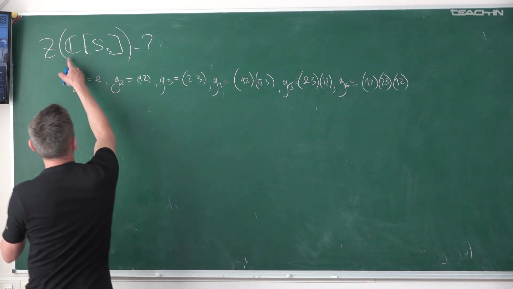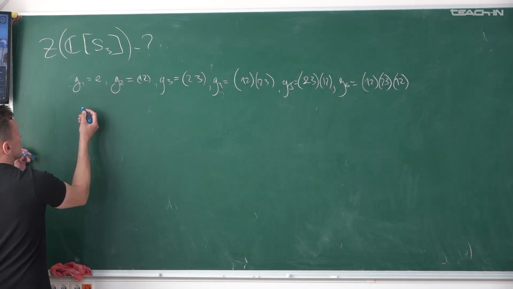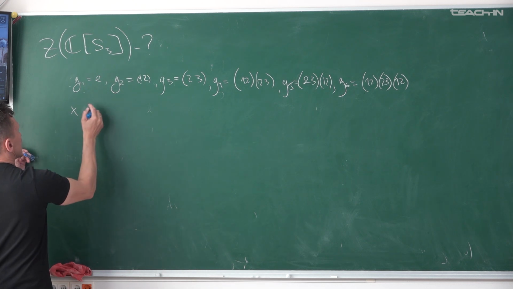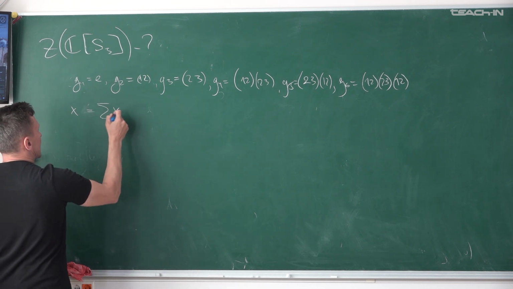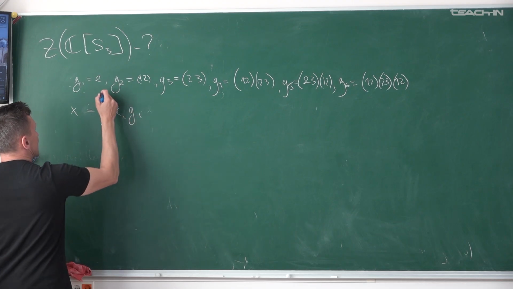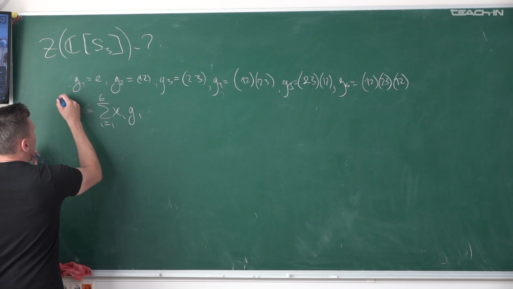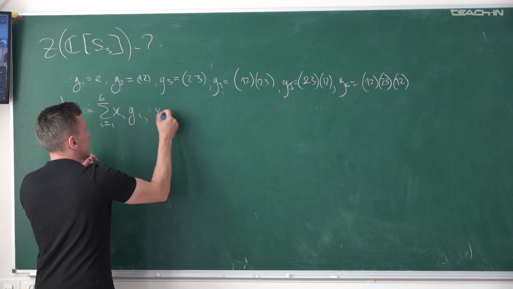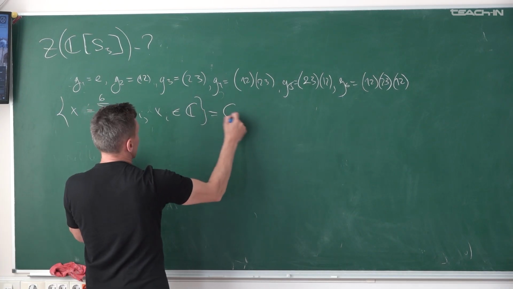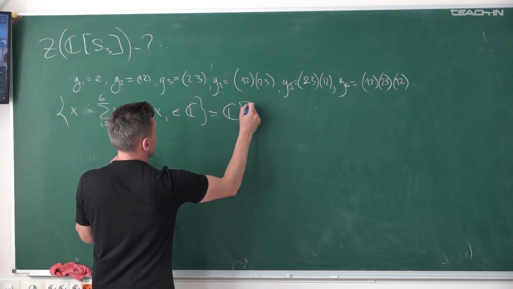Then an element of this group algebra, X, is the sum of Xi Gi, i from 1 to 6, where the Xi are elements of C, and this is exactly CS3.